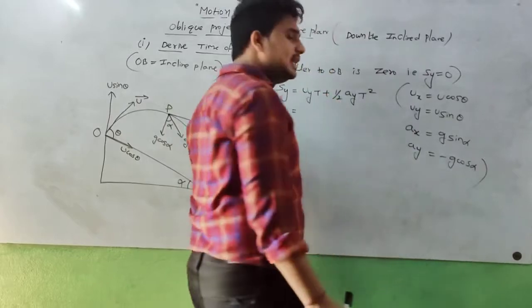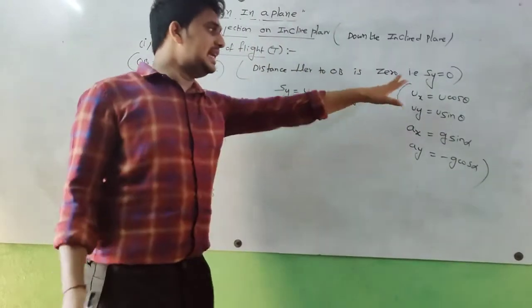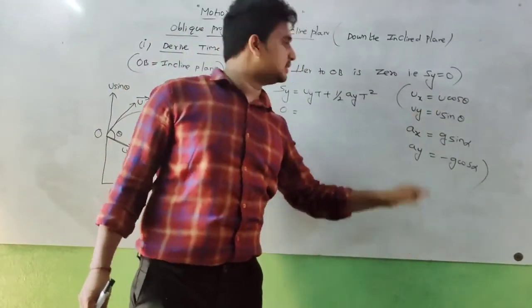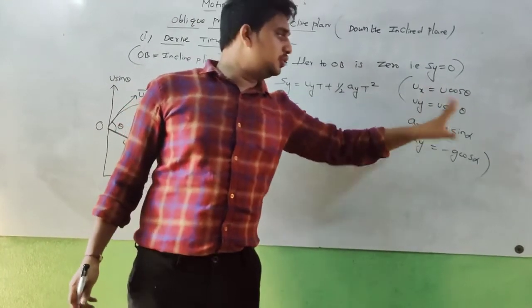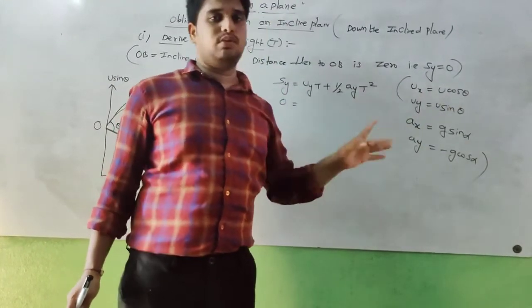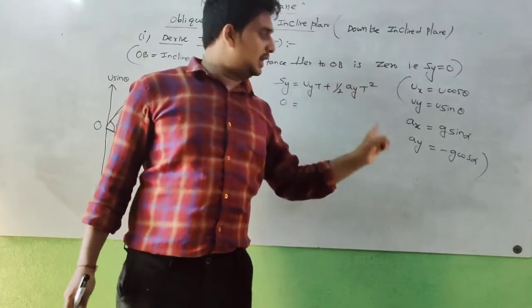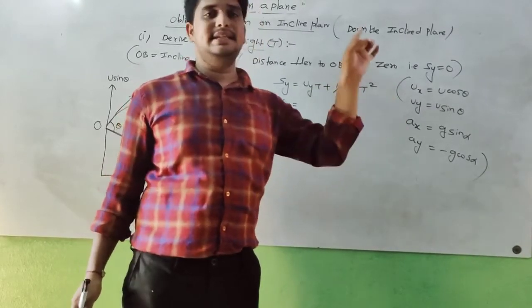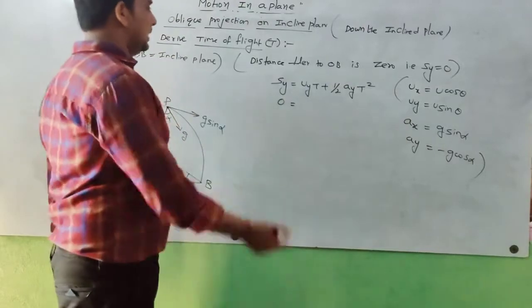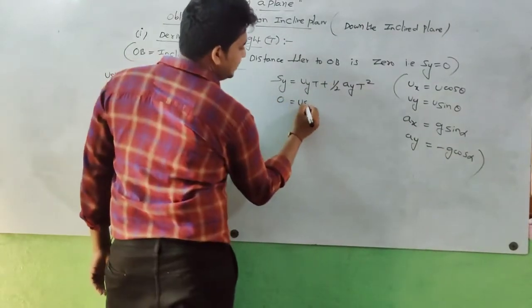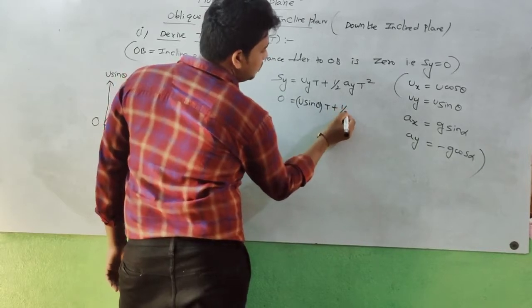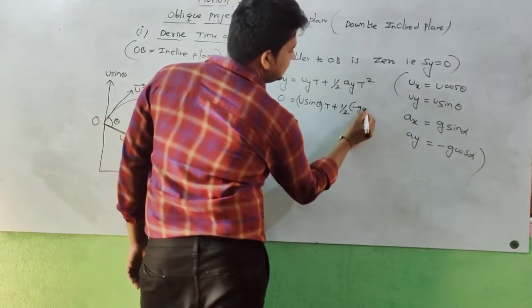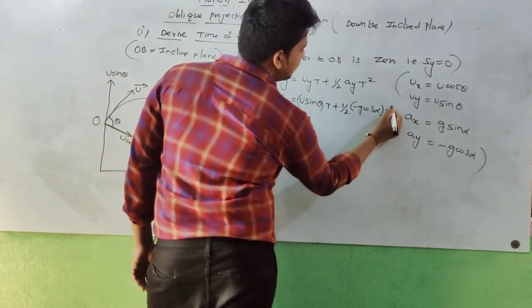We already discussed this in the previous lecture. These parameters are very important, friends. So here Sy is equal to 0, uy means u sin theta into t plus half into ay, which is minus g cos alpha, into t square.